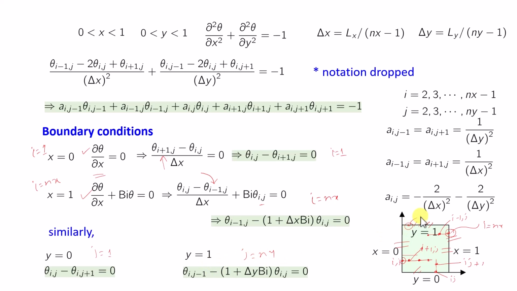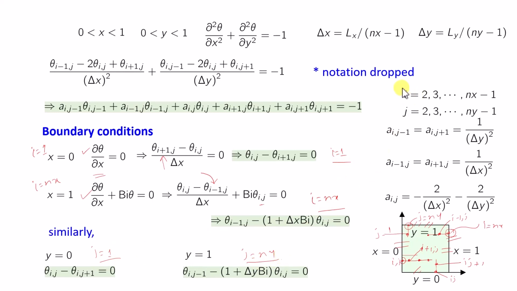So here y equals 1 is here. I have j equals ny, that is y equals 1. And here I can have j minus 1. This is my j minus 1. But I do not have j plus 1, that will go outside the domain. So now I have 4 boundary conditions, you see. This is i equals 1, i equals nx, j equals 1, j equals ny.